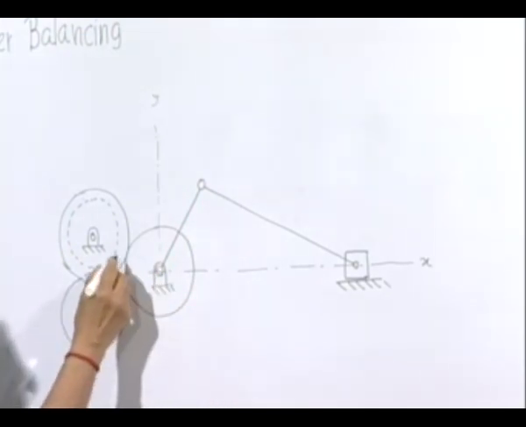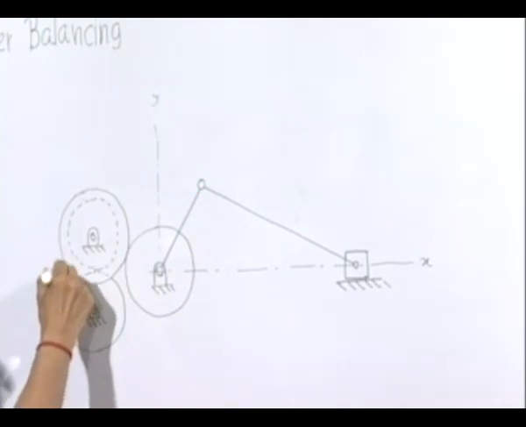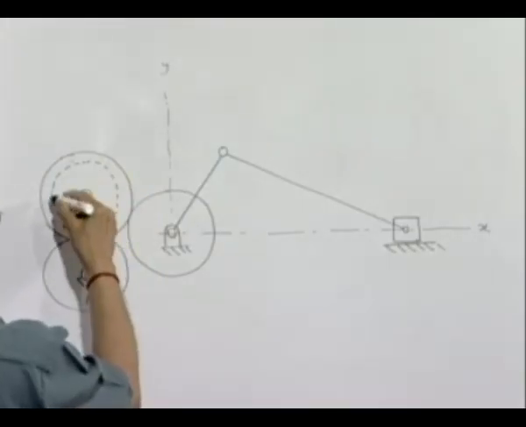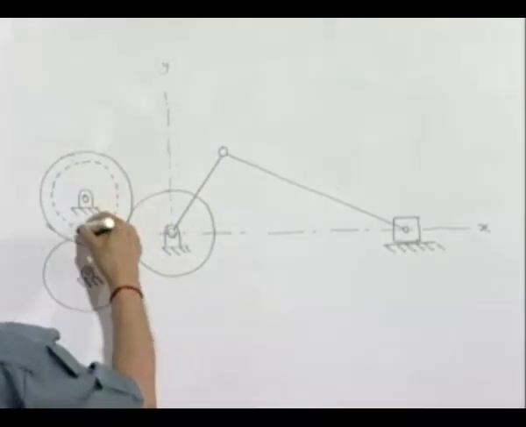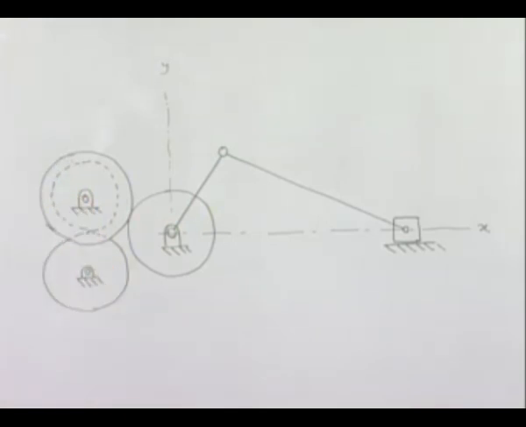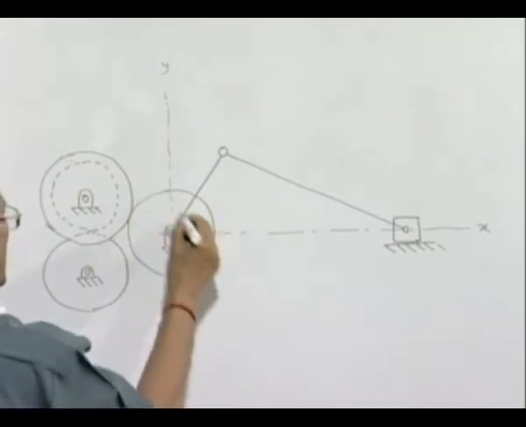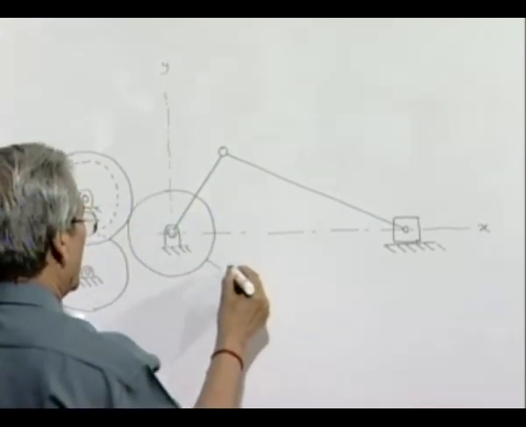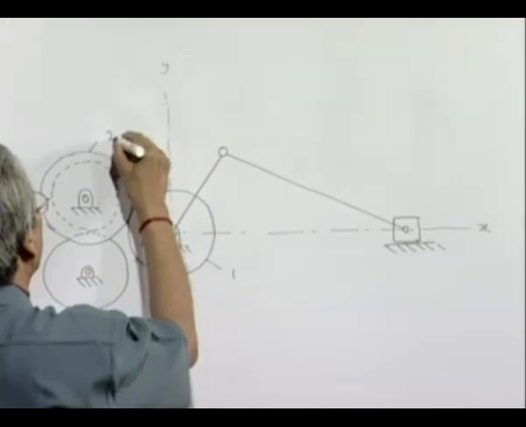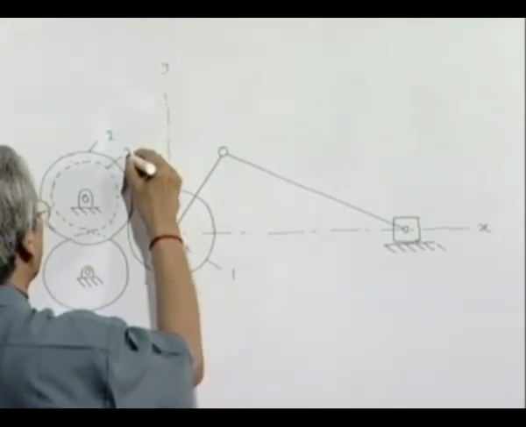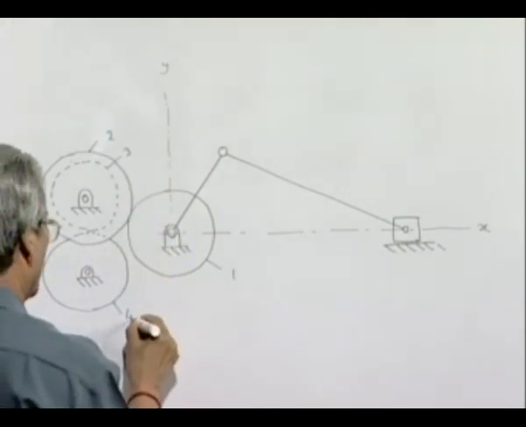We have connected an identical gear with this, which is again a composite one with a smaller gear attached to it directly. So if it is gear 1, this is gear 2, this is gear 3, this is gear 4.